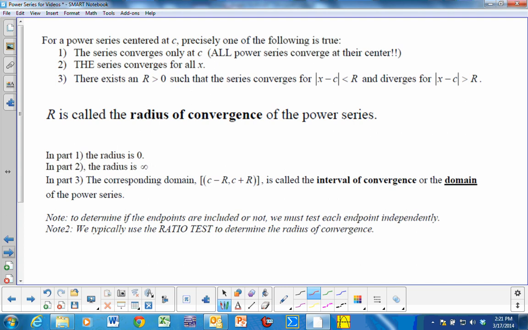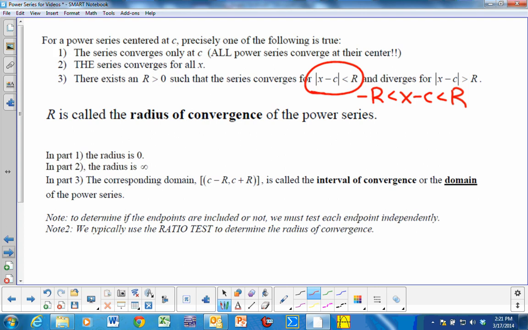And then the third case is that there's some radius, capital R, such that the series converges if we're within that distance of the center. So basically this inequality right here is the same thing as saying that x minus c is between -R and R. So we're saying that we have this radius, and this interval where the function is the same, like the one that I just drew.